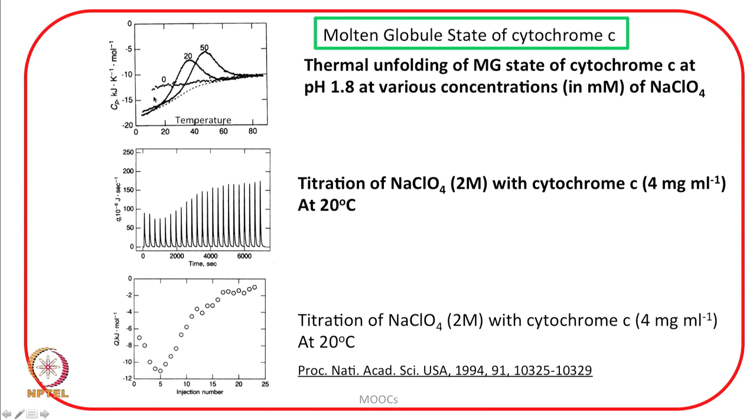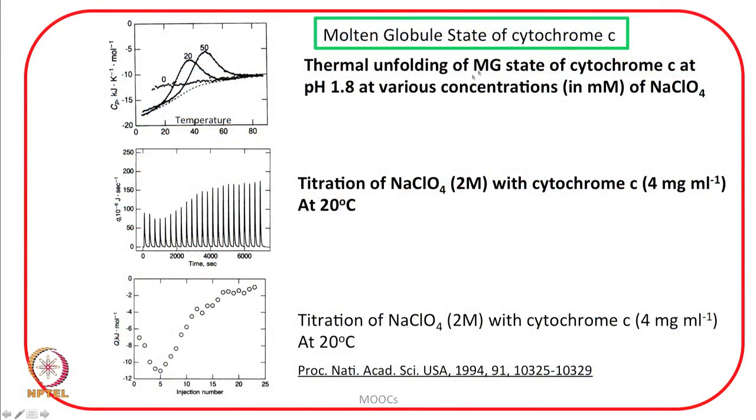As I mentioned in one of the lectures, when you lower the pH of a protein, for example, in the case of cytochrome C, if you lower the pH to 1.8, that corresponds to 0 line. 0 line means there is 0 molar additive in that. There is no thermal transition observed.